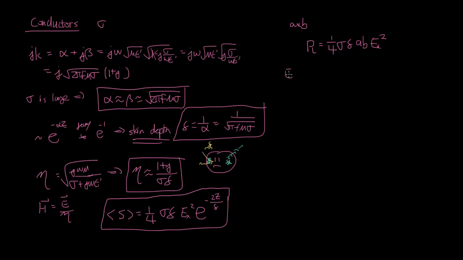Or if you had it in terms of current density, remember the current density relates to the E field through the sigma term, you will end up with the power dissipation equal to 1 over 4 sigma delta AB Jx squared.